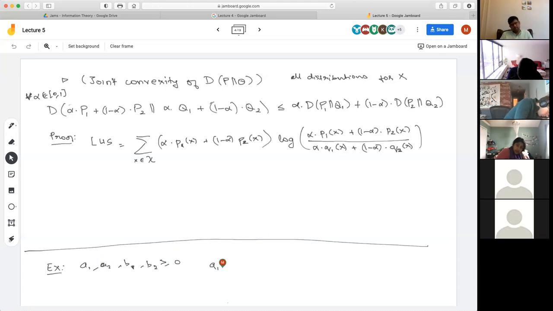Then A1 plus A2 log is greater than or equal to A1 times... This is sometimes called the log sum inequality.